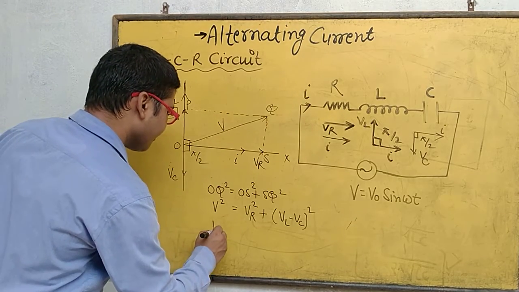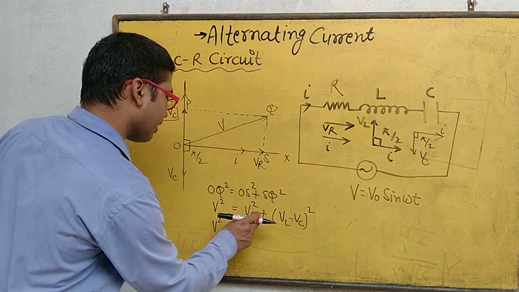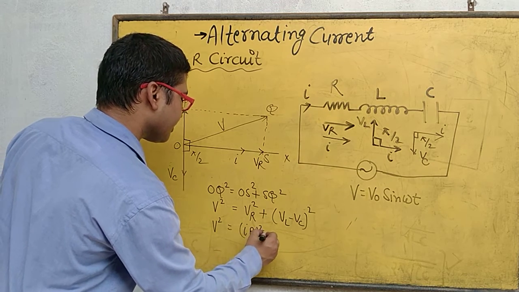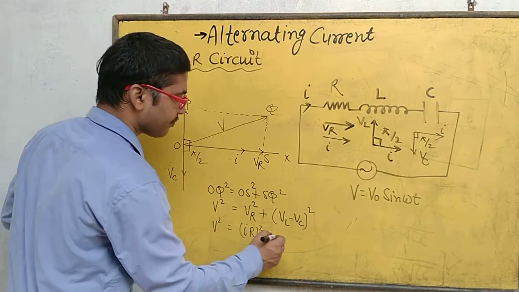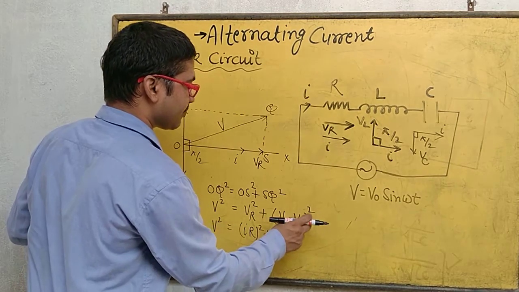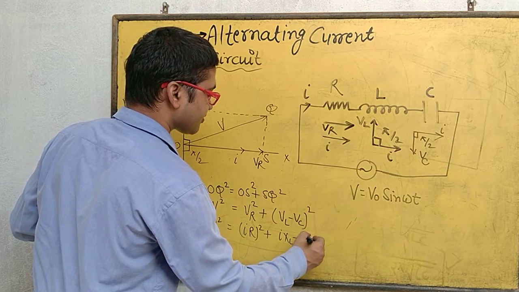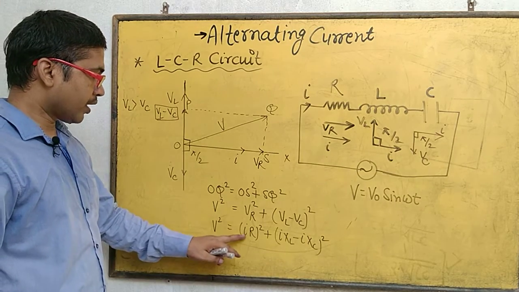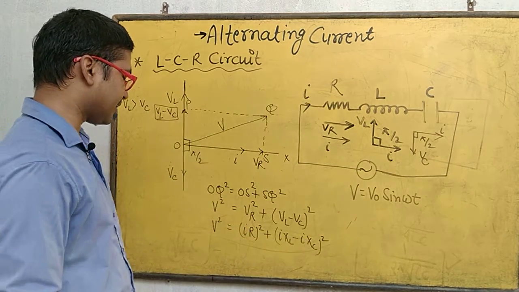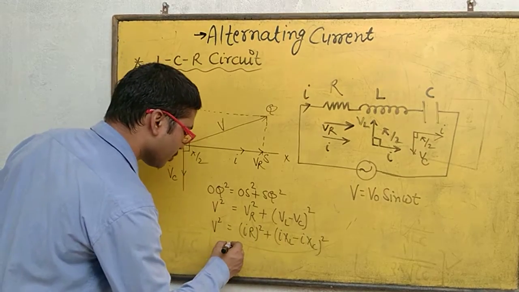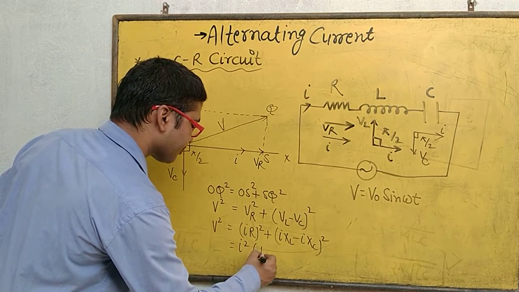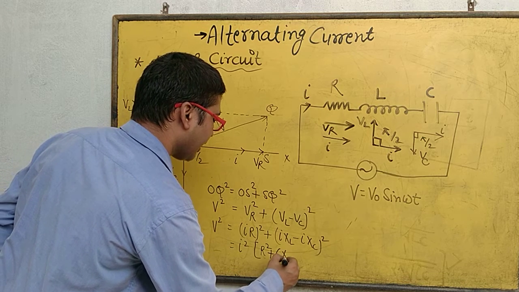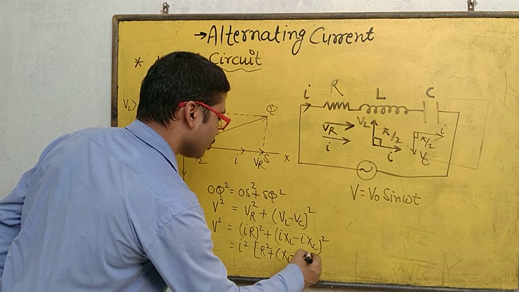Now you can write V square is equal to, in place of VR you can write I into R, whole square, then in place of VL you can write I into XL, then in place of VC you can write minus I into XC, whole square. Now you can take I square common from the right hand side of the equation. So you can write I square, then R square in bracket plus XL minus XC whole square.